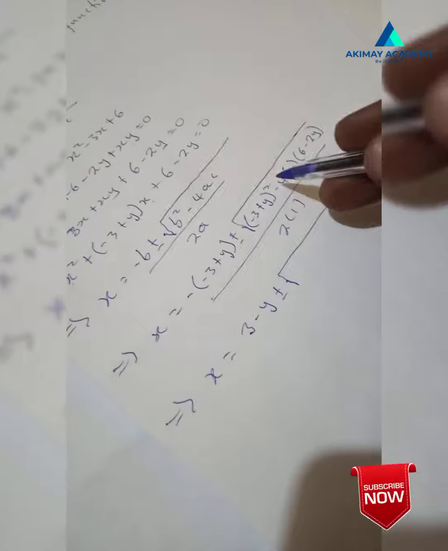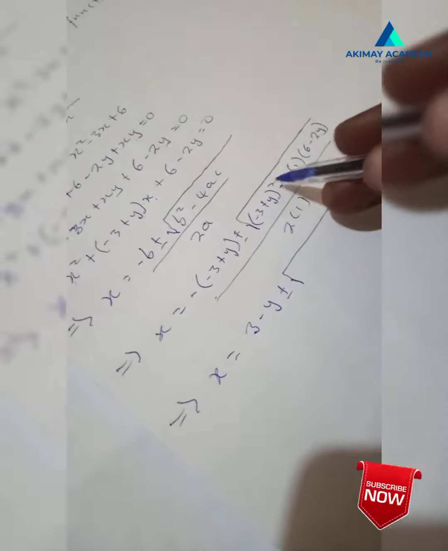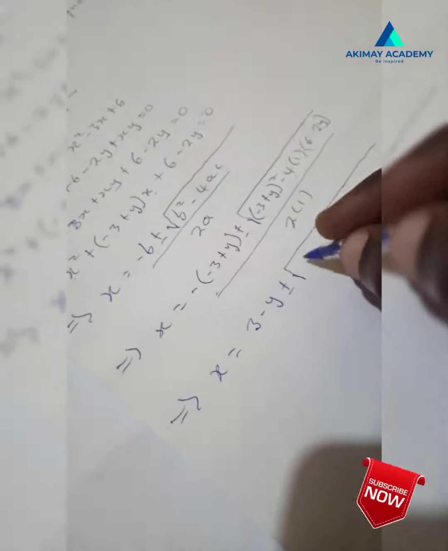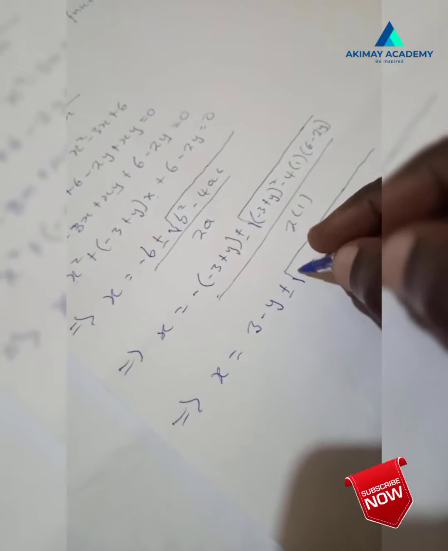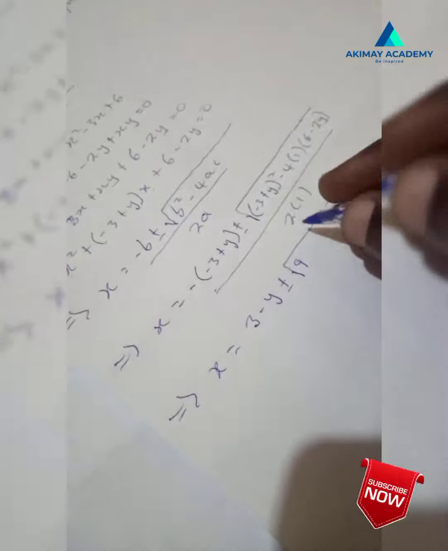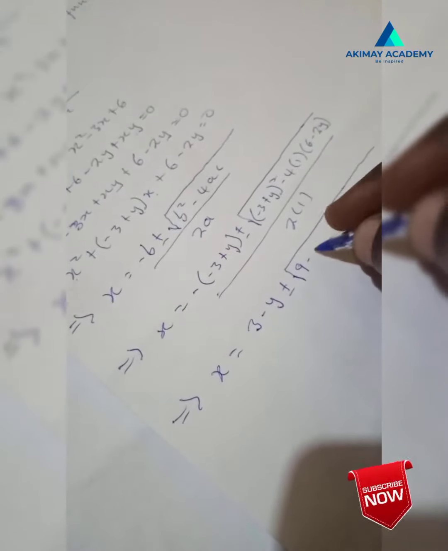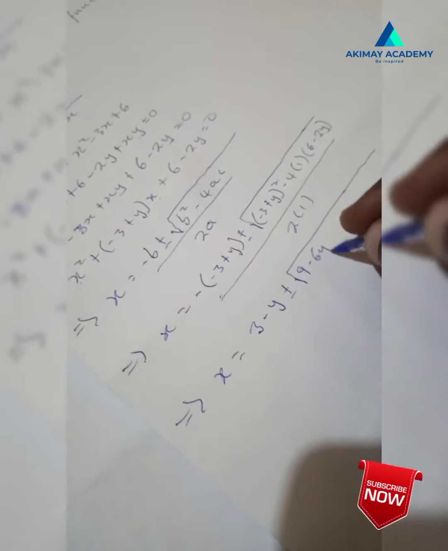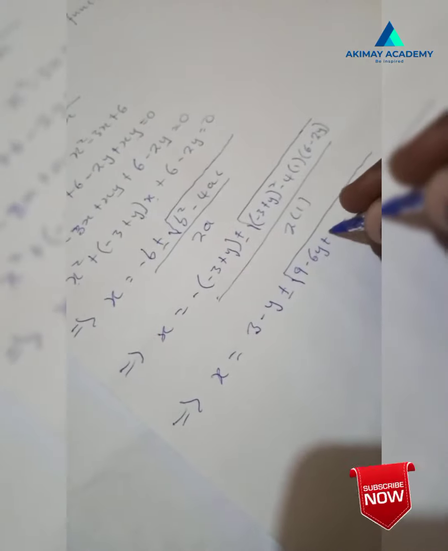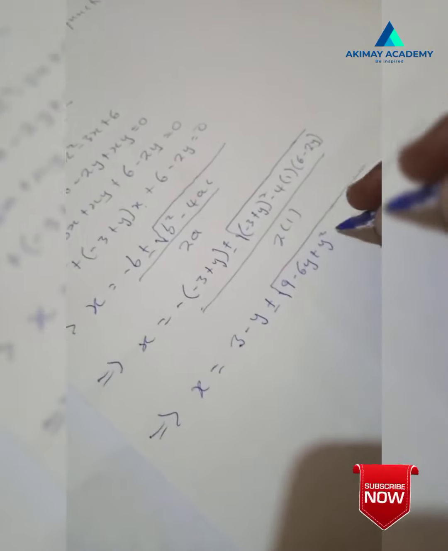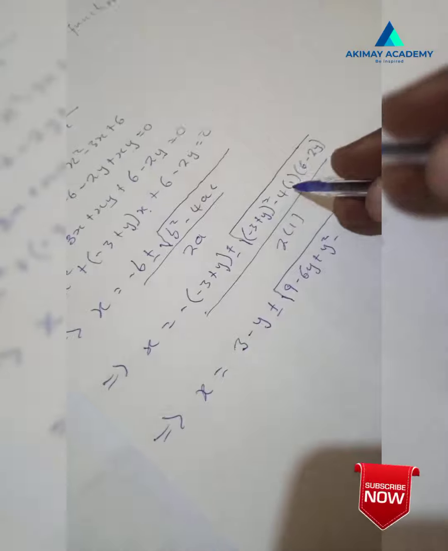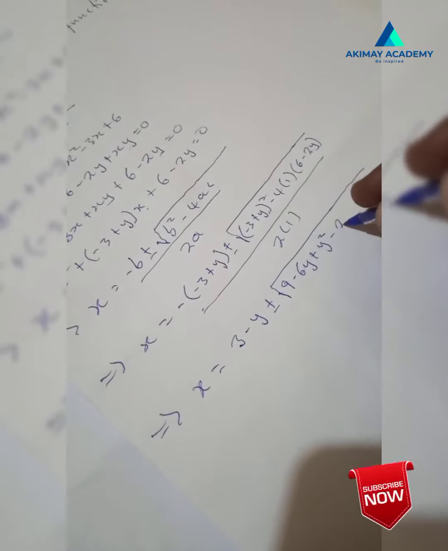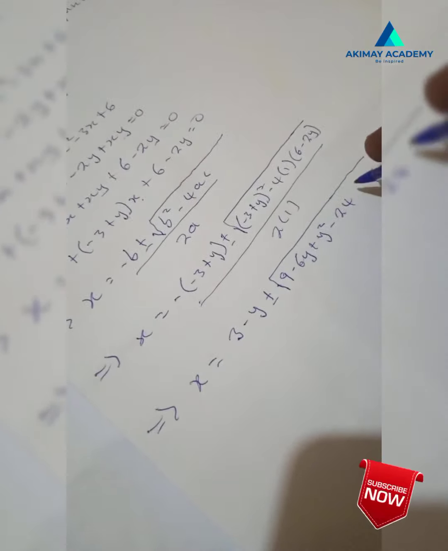So here we expand the binomial which has an exponent of 2. We square the first, which will be 9, twice the product, square the last. And we have minus 4 times 6, which will give us minus 24.